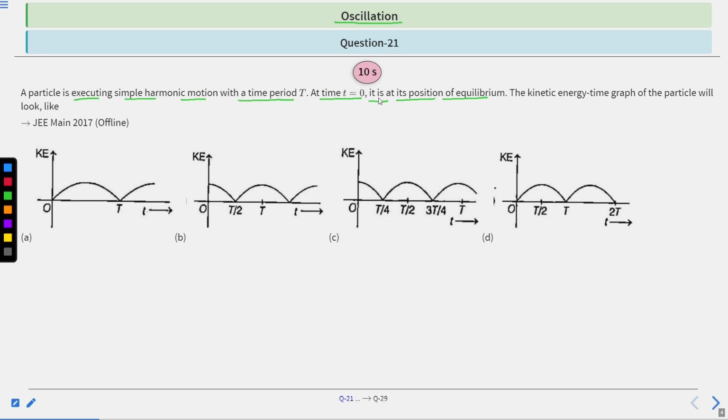The kinetic energy time graph of the particle will look like this. Which graph is correct? Graph A, graph B, graph C and graph D. You have 10 seconds to solve this question. After 10 seconds, we will provide the solution.